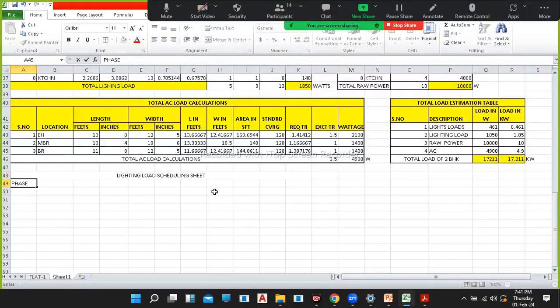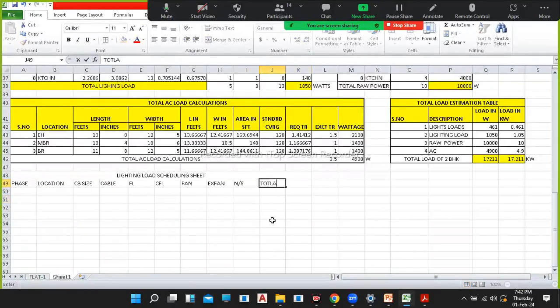So what are the things we require in the lighting load scheduling sheet? Phase or circuit number, location, CB size, cable size. Next, FL, CFL, fan, exhaust fan, normal socket.